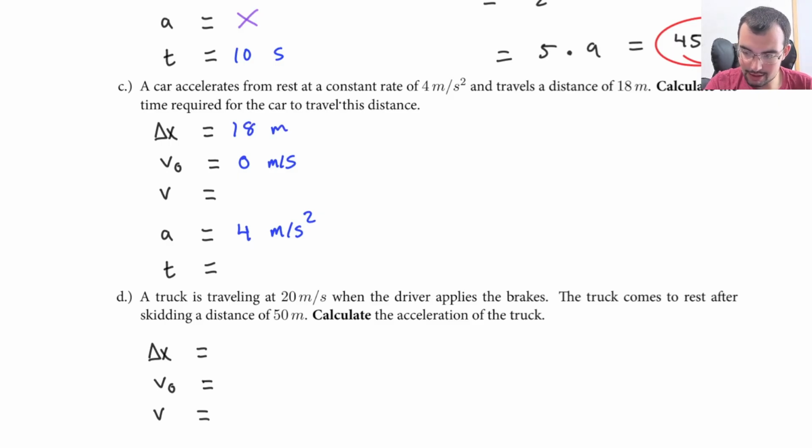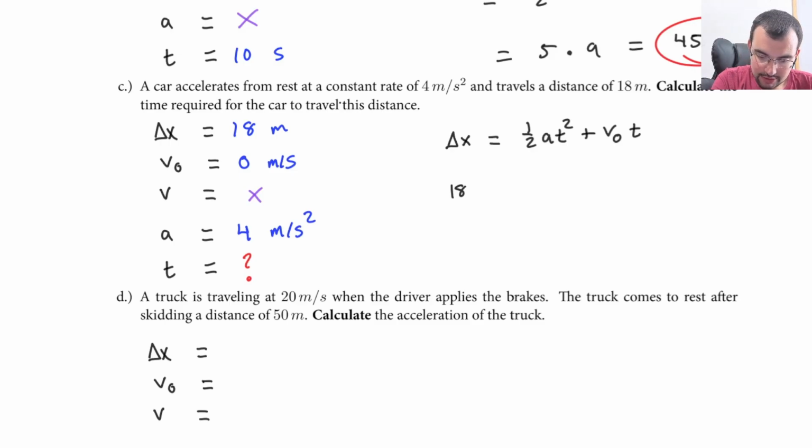Calculate the time required to travel this distance. So I do not care about the velocity it ends with. So I need the VF-less equation, and that turns out to be the displacement time function.